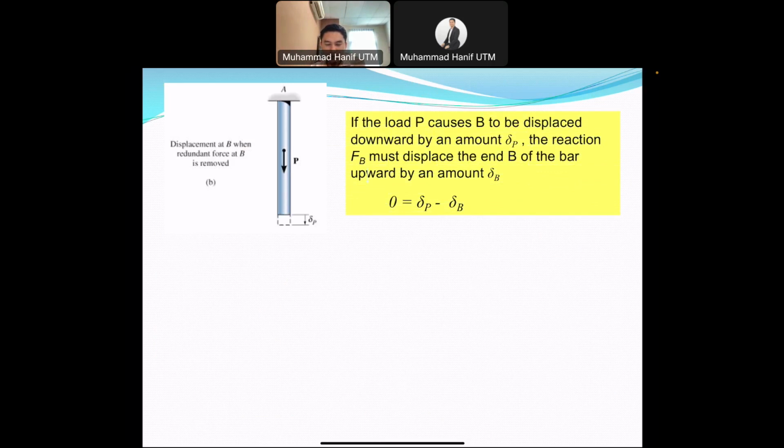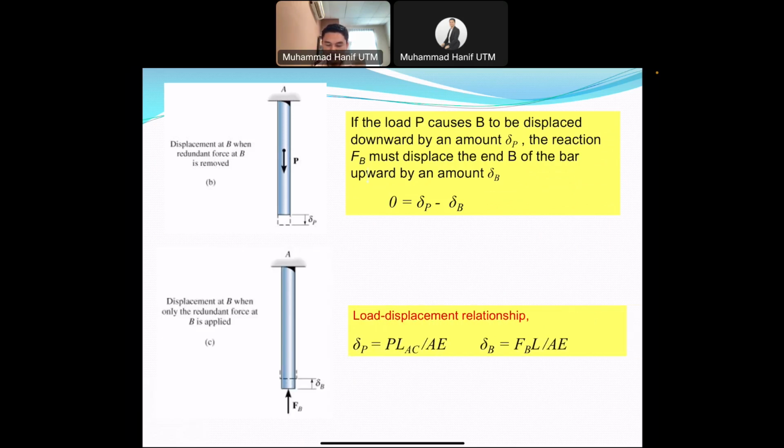Where if the load P causes B to displace downward by an amount of delta P, the force FB must displace the end B of the bar upward by an amount of delta B. As I mentioned in the previous slide, we have delta P and delta B. Delta P minus delta B will be equal to 0, so the total delta should always be 0.